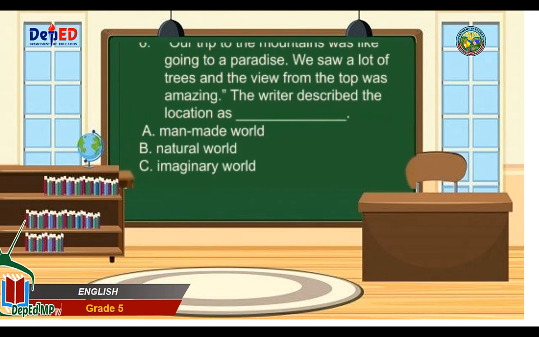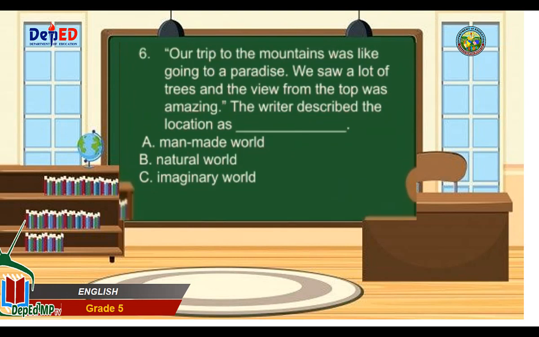Number 6. Our trip to the mountains was like going to a paradise. We saw a lot of trees and the view from the top was amazing. The writer described the location as A. Man-made world, B. Natural world, and C. Imaginary world.